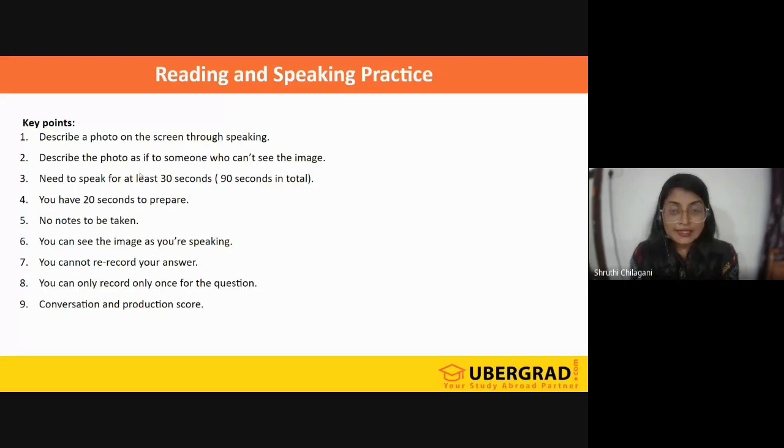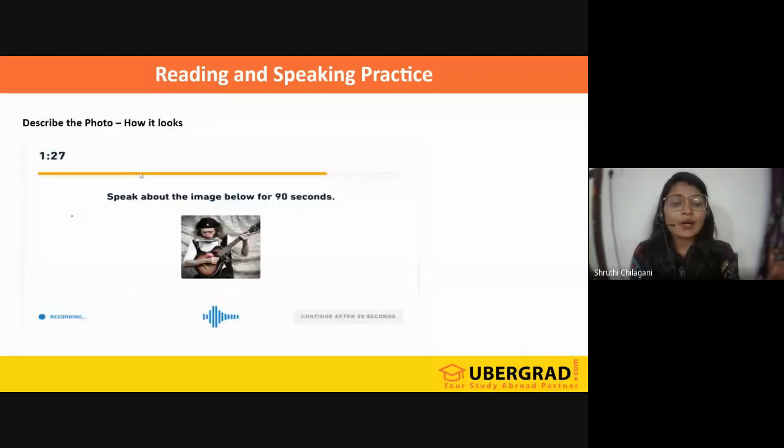And here, as it is a speaking question, your conversation skills, your ability to produce statements, and how you describe a photo are going to be evaluated. Now this is how the image is going to look. If you see, the timer is here, which says 90 seconds.